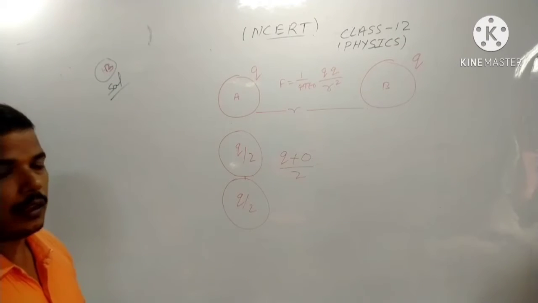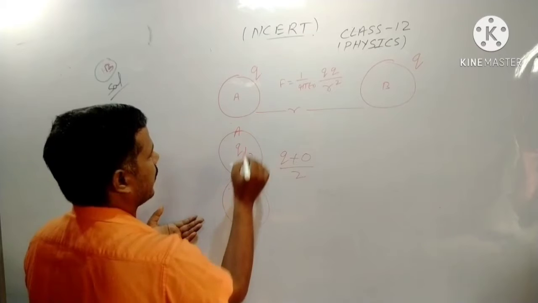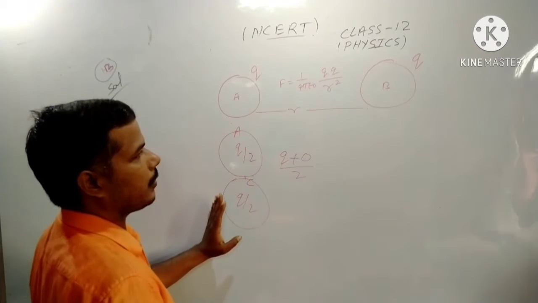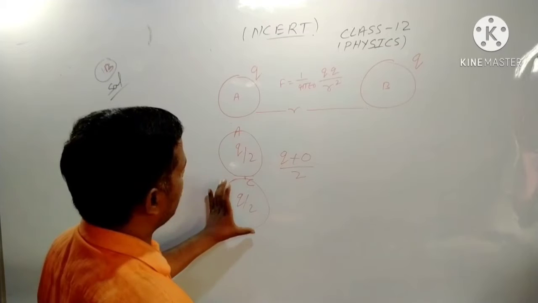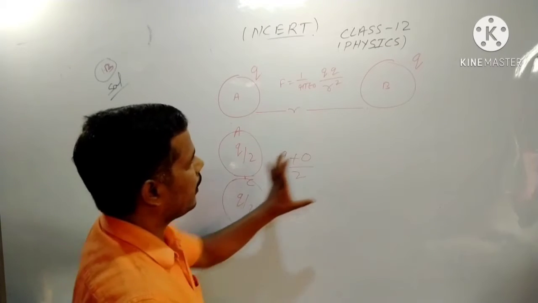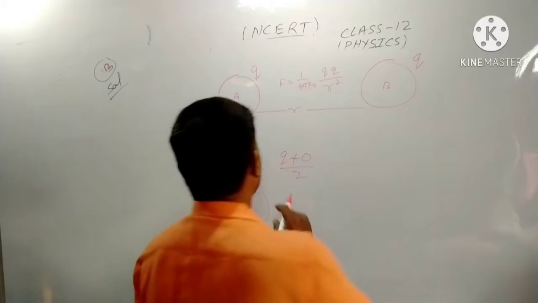Okay. Now this one is sphere A and this one is sphere C. And if we bring this charged sphere C in touch with sphere B, what will happen?